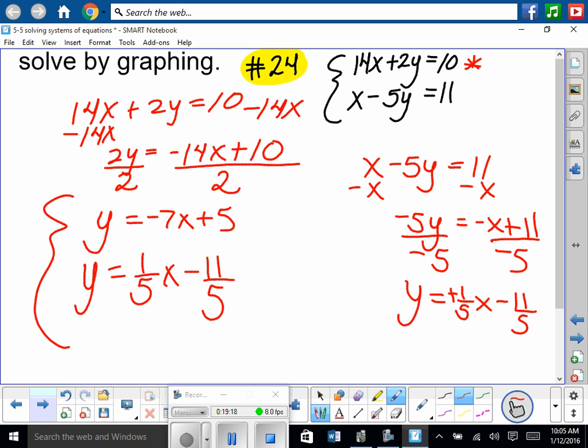Fractions shouldn't scare you because your calculator will be able to do it the exact same. So type it in. You could have actually even typed it in like this into your calculator and it would have been okay. But let's get a little bit more advanced and go this far.